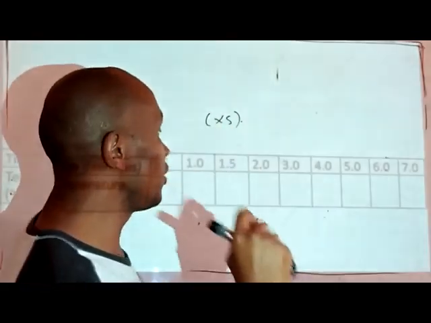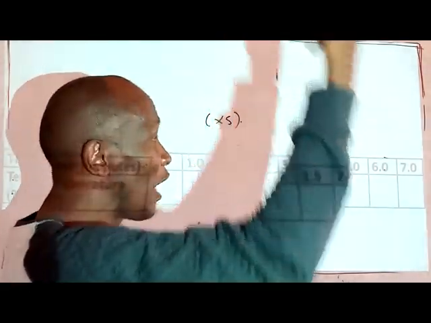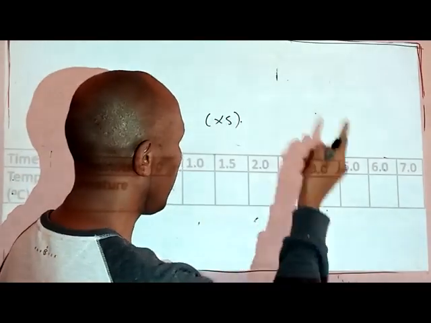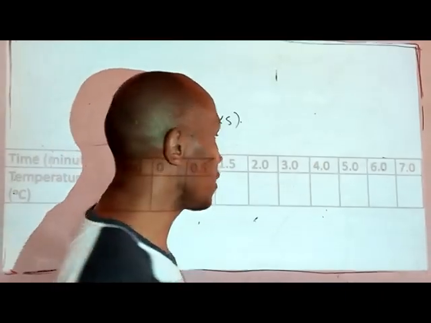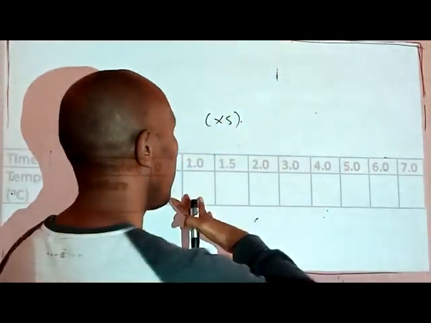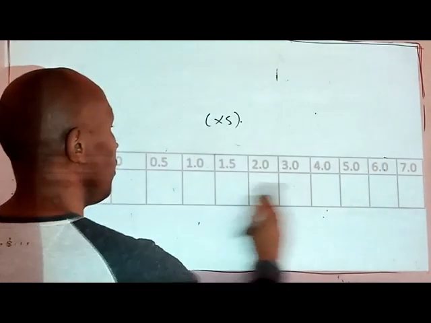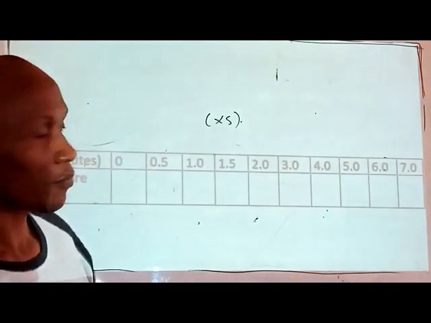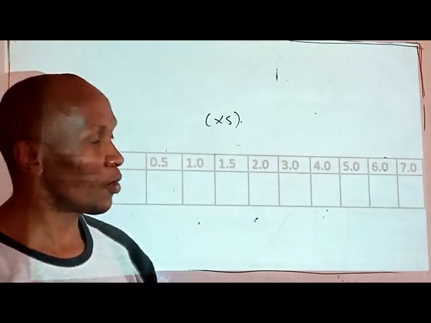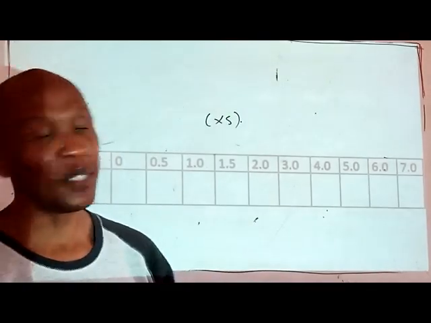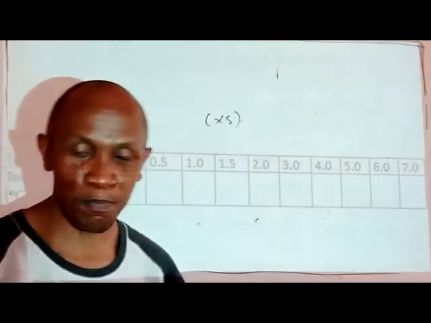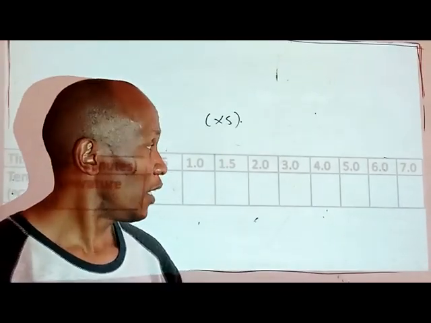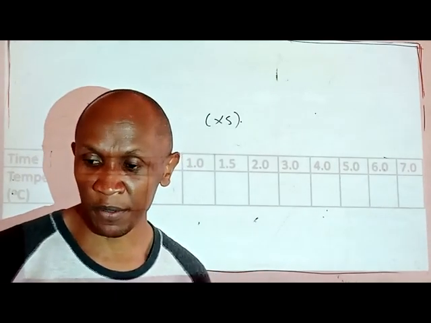The first few are rapid, very fast rises in temperature. For the others, the temperature changes are not as pronounced. So I've changed from 30 seconds to a minute. We'll complete that data, after which we'll need to draw a graph. So let's look at the graph and complete the table. I hope you first pause and draw the table, then extract the data in the course of the experiment.